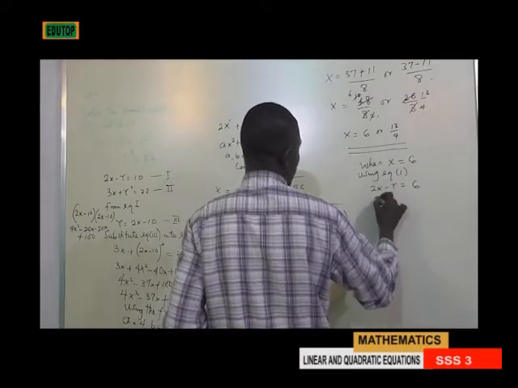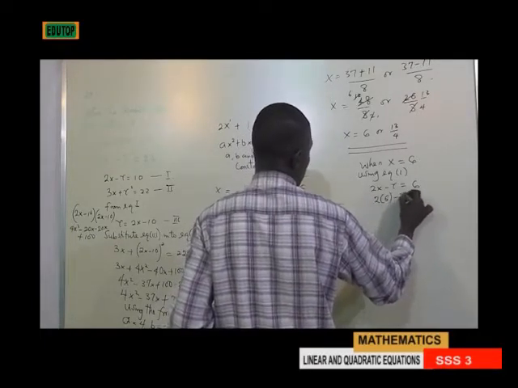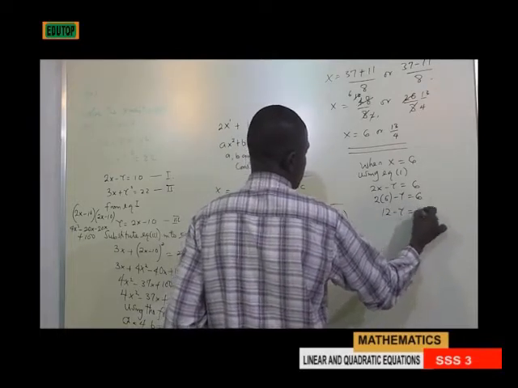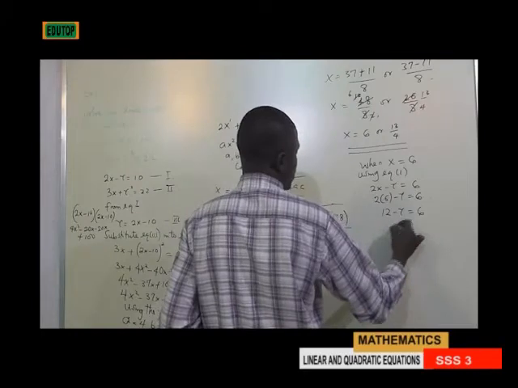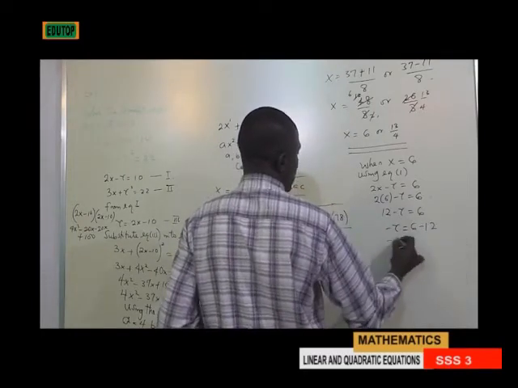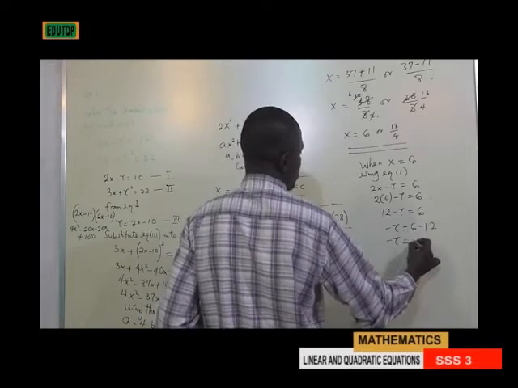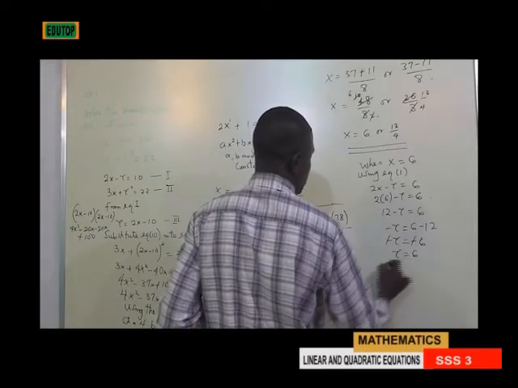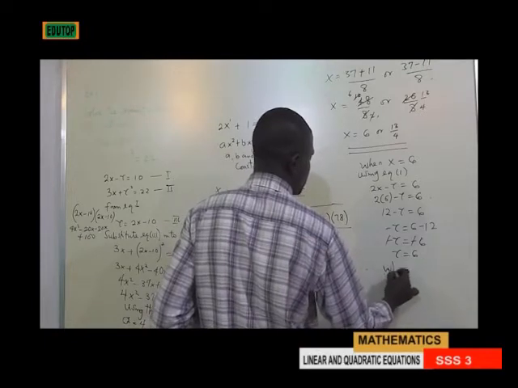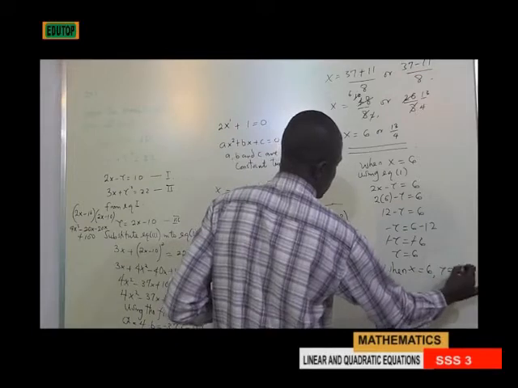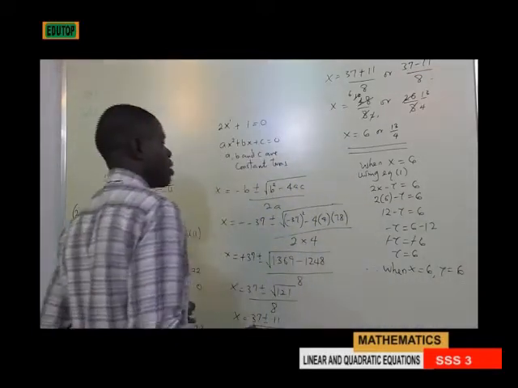When x is 6, I have 2 into 6 minus y equals 6. So this will be 12 minus y equals 6, and minus y will be 6 minus 12. And minus y will definitely be minus 6, so my y will be 6. Therefore, when x is 6, y is also 6.